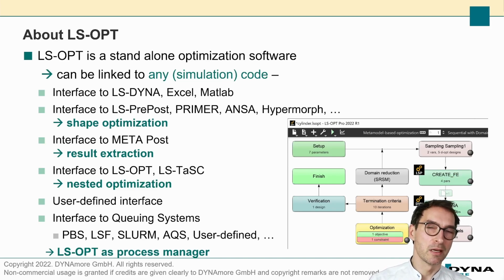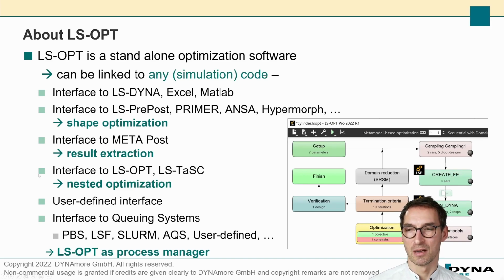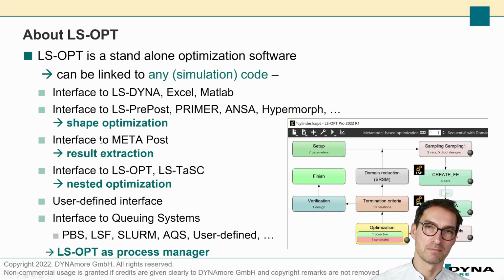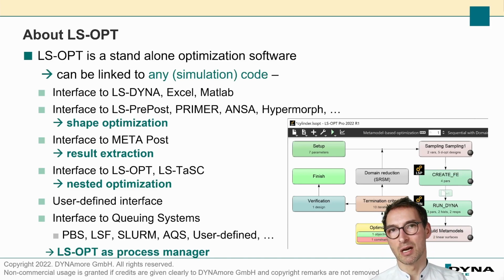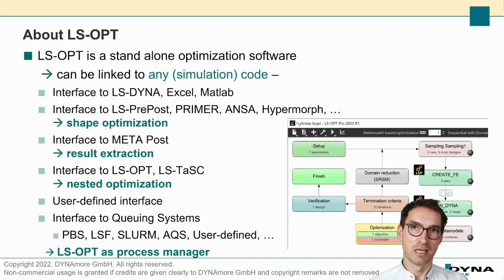Let's say tweaking a little curve, optimizing a curve a little bit. Not very general, but at least you can also do it here. There are some interfaces for the extraction of the results. So what is the displacement? What is the curve? How do I get it out? And then to have this as an evaluation of how good your iteration in the optimization step was, and so on.